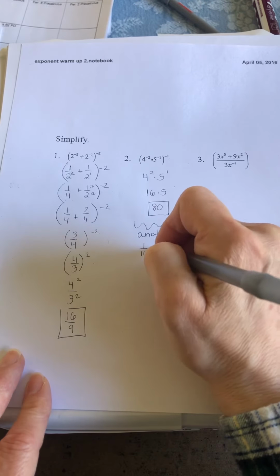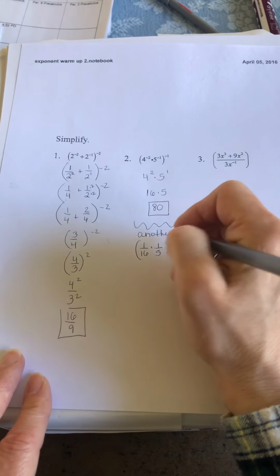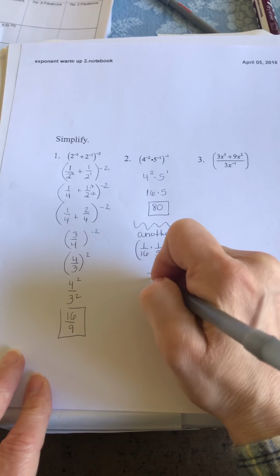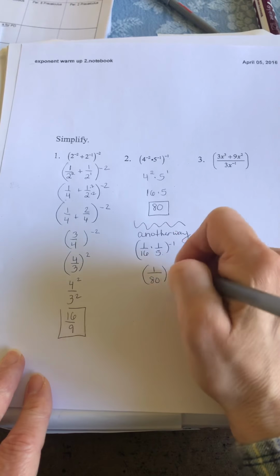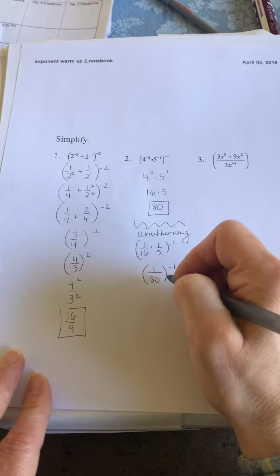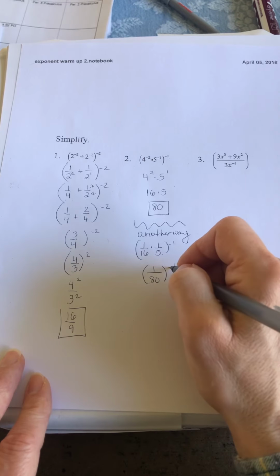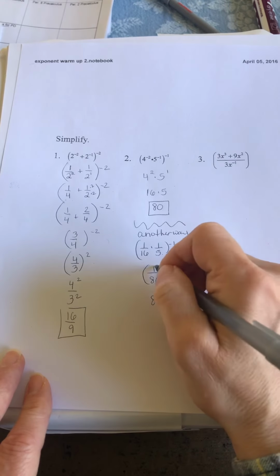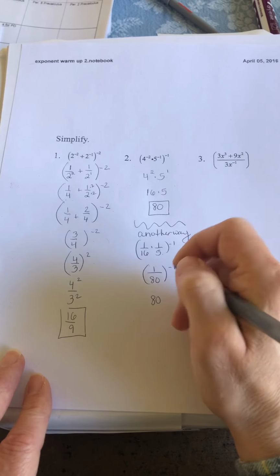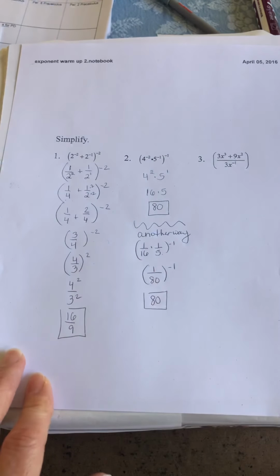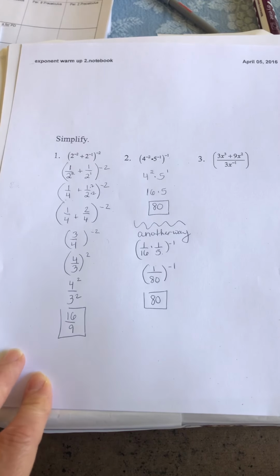This would be 1 over 5. 16 times 5 is going to give me 80, so we have 1 over 80 to the negative first power. And when we rewrite that with a positive exponent, this negative tells me to take the reciprocal of the base. So 1 over 80 becomes 80 over 1, or just 80 to the first power. So you can see we get the same result doing it two different ways.